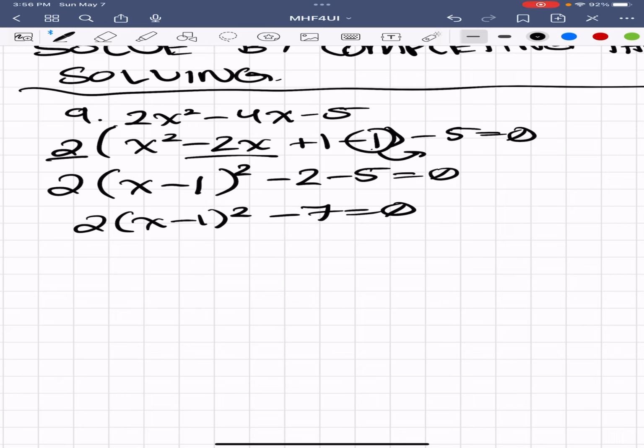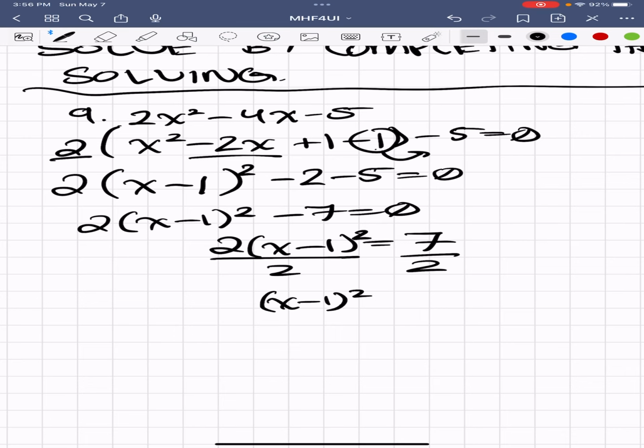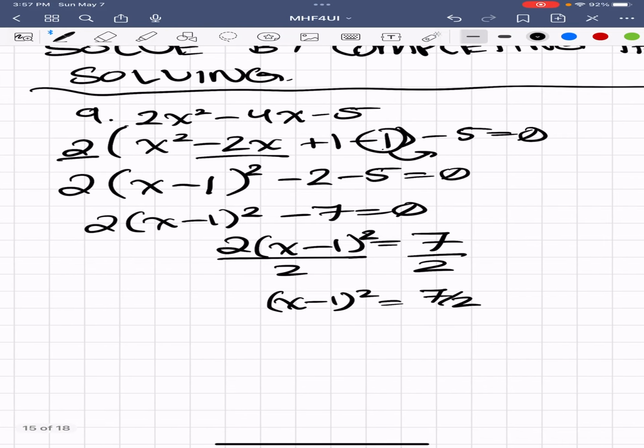So we've completed the square, and now we need to solve. So 2 times x minus 1 squared equals 7. Sorry, that's squared. We're going to divide by 2. So x minus 1, brackets squared, equals 7 over 2. And the next step is to square root to get rid of that squared symbol right here.